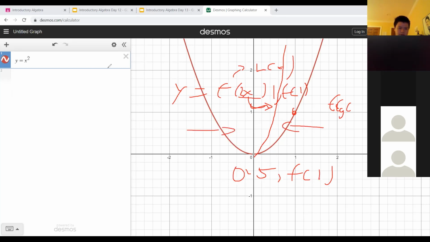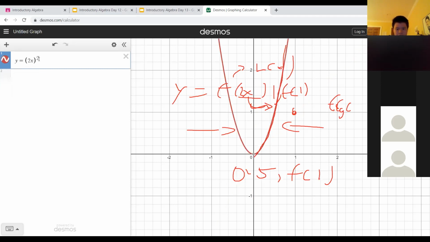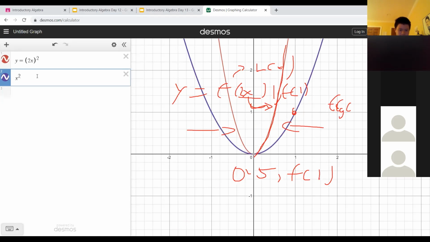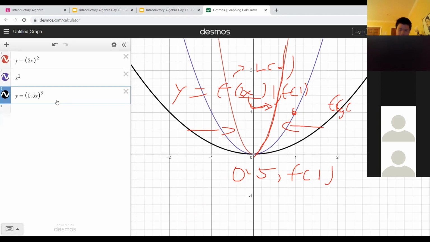So if I insert 2x there, we'll substitute 2x more accurately. No, it squishes it a bit. If we times 0.5, it widens it.